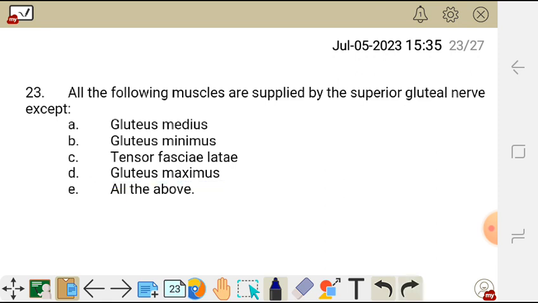Gluteus maximus is supplied by the inferior gluteal nerve, not the superior gluteal nerve. So question 23, the correct answer is D.